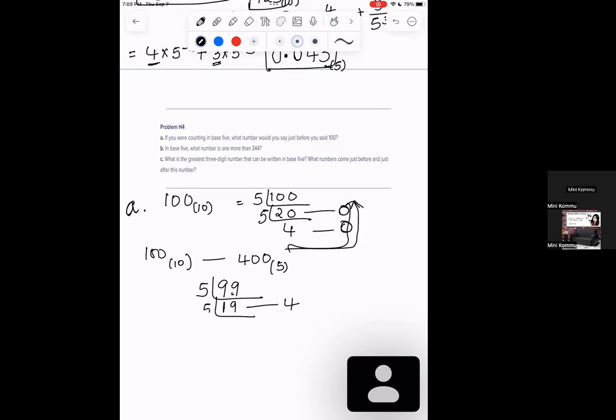Okay. 5 3's 15, 5 0's. All right. So if I go from bottom to top, I get 344. All right. So 99 comes before 100. I took 100. I converted it into base 5. I got 344. Simple, right? Now, let me erase this.